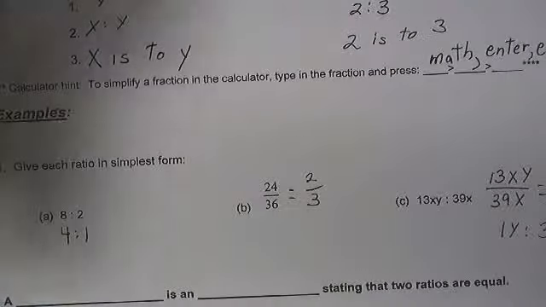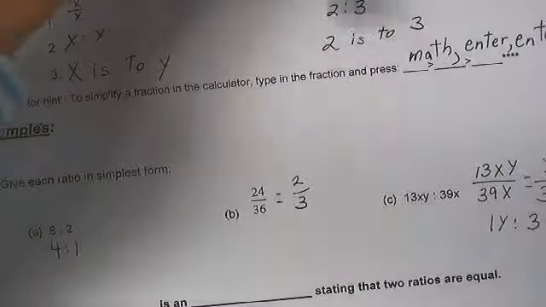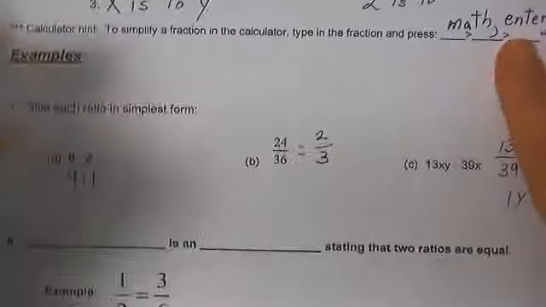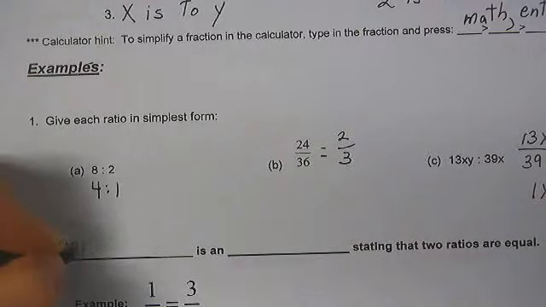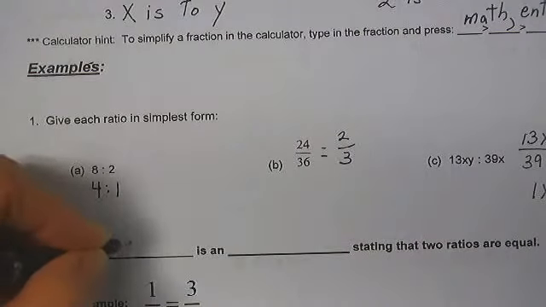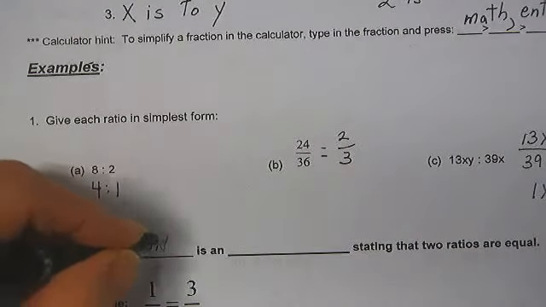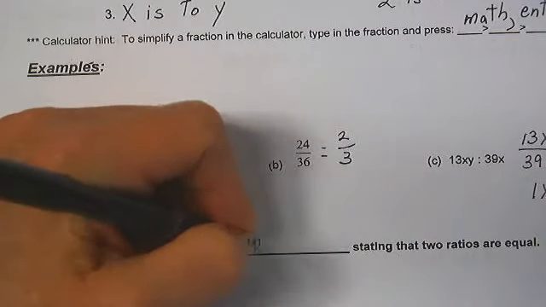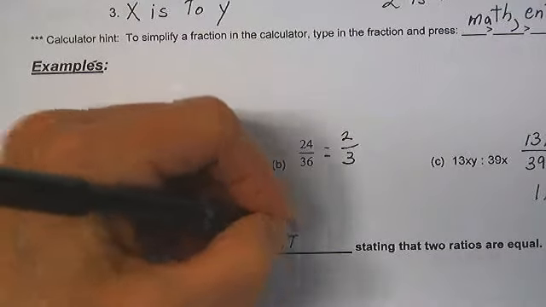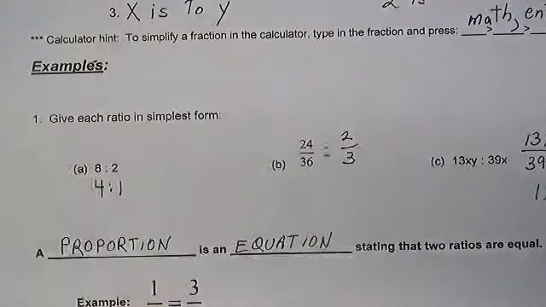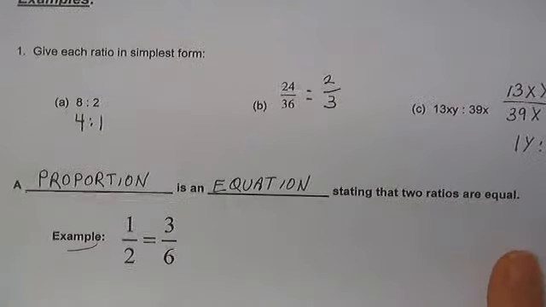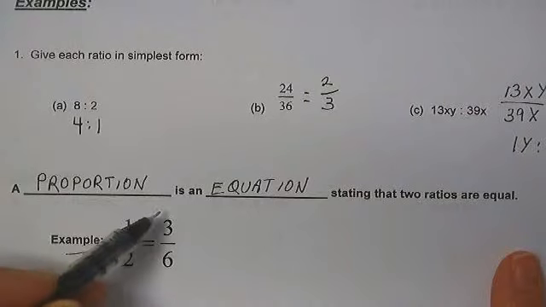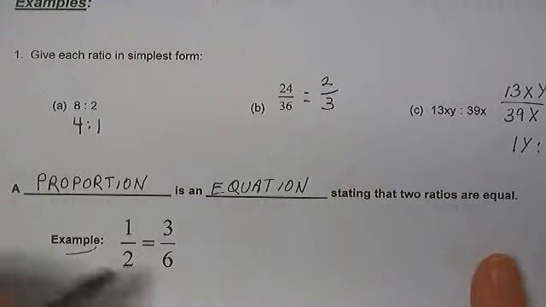Okay, moving on. A proportion is an equation saying that two ratios are equal. For example, 1 is to 2 as 3 is to 6.